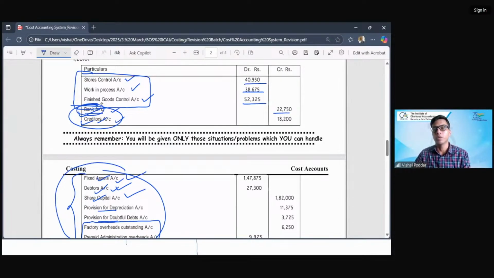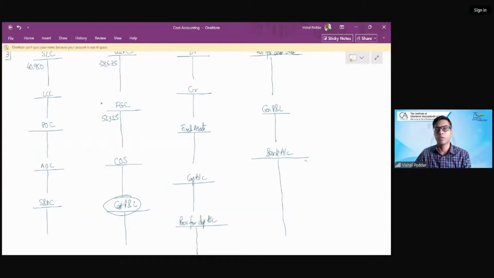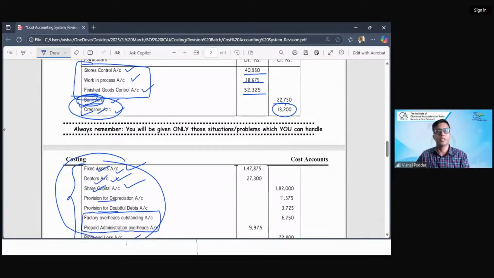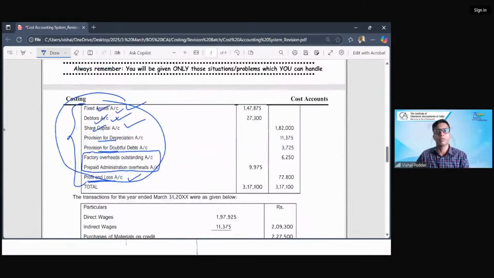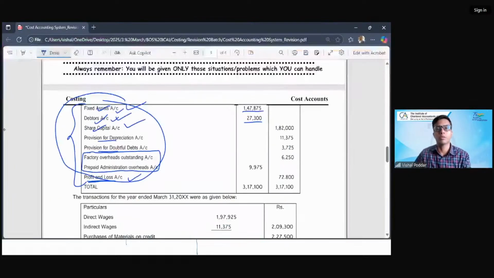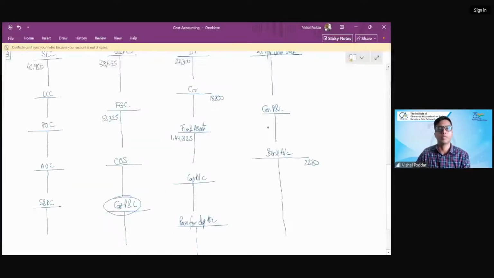Be clear. 22,750 and 18,200. Then fixed asset 147,875, 27,300. It is 875.